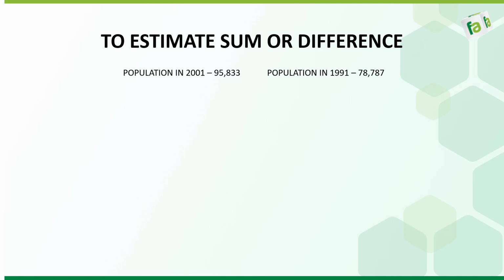Round off the population to the nearest thousands place. The population in the year 1991 was 78,787 and in the year 2001 it was 95,833.